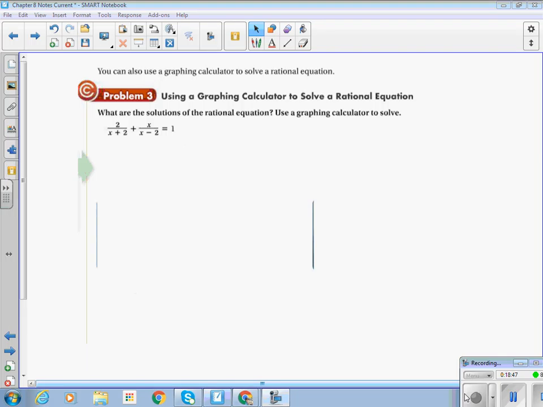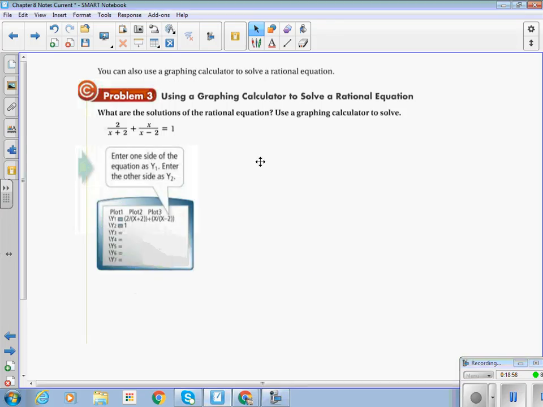So if we want to use a graphing calculator to solve a rational equation, we enter the left-hand side as y1, so underneath y1, and make sure we put the proper parentheses, and this works for our bracket utility as well, for Desmos.